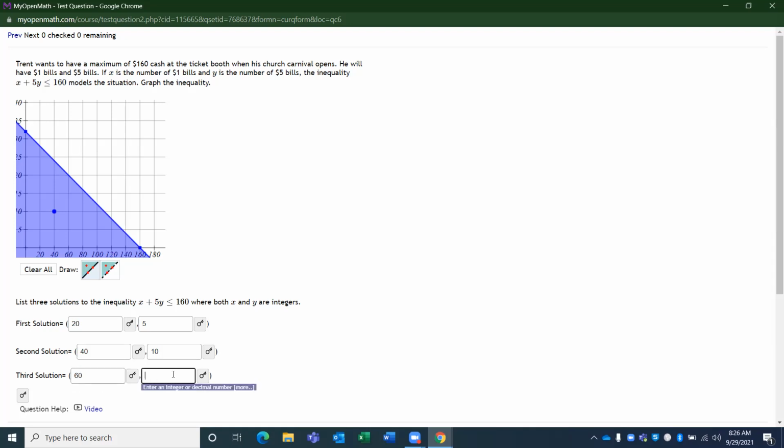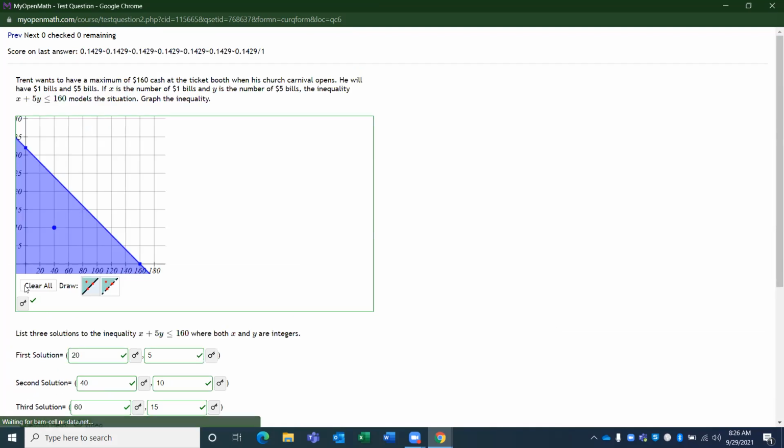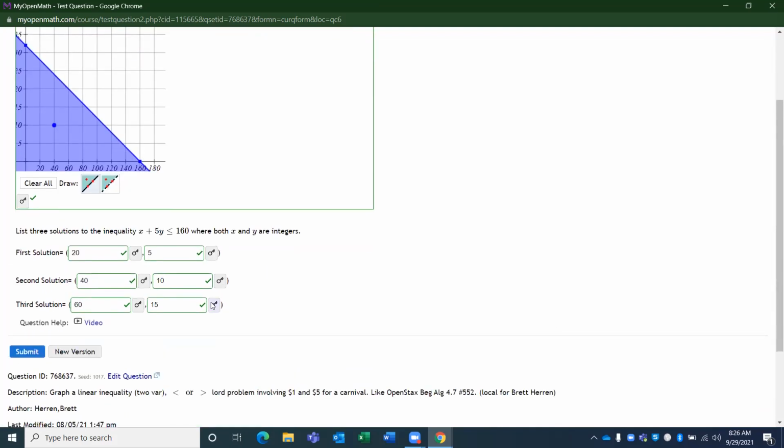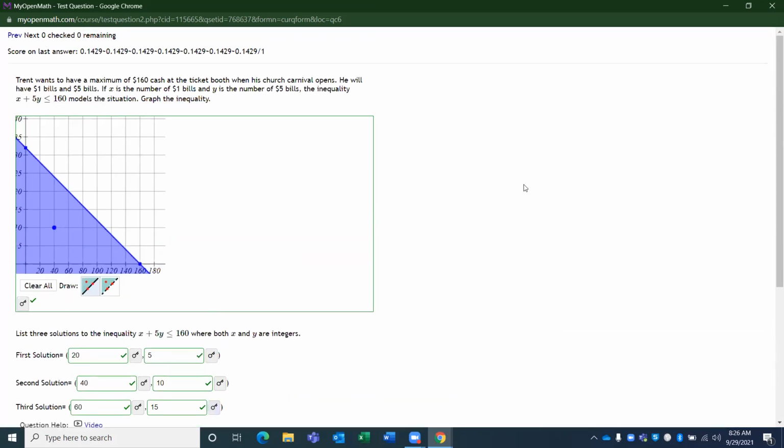Those are all points in the shading region. You see them? Here's over 60, up 15 right here. Here's over 40, up 10, right? That's the dot I put right there. Over 20, up 5, that's right here. So anyway, those will all work. You submit it. Yep, green check marks all the way around.